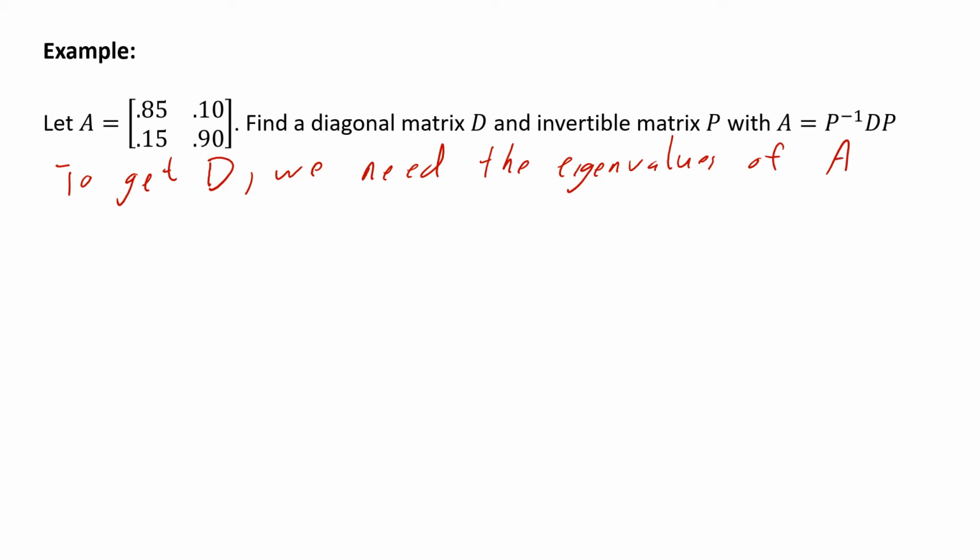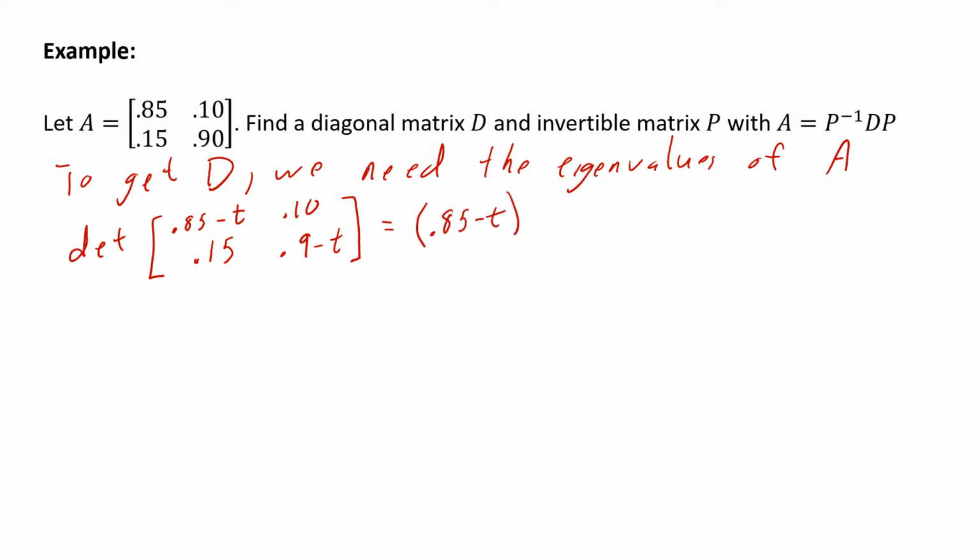Well, remember from last class, we need to get the determinant of 0.85 minus t, 0.15, 0.10, and 0.9 minus t, which is equal to (0.85 minus t)(0.9 minus t) minus 0.15 times 0.10, and we set it equal to 0 using the characteristic polynomial.